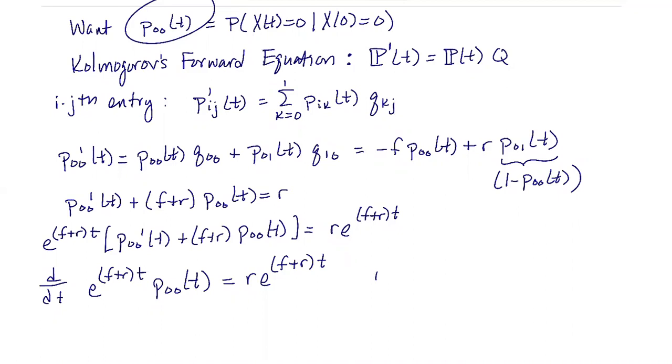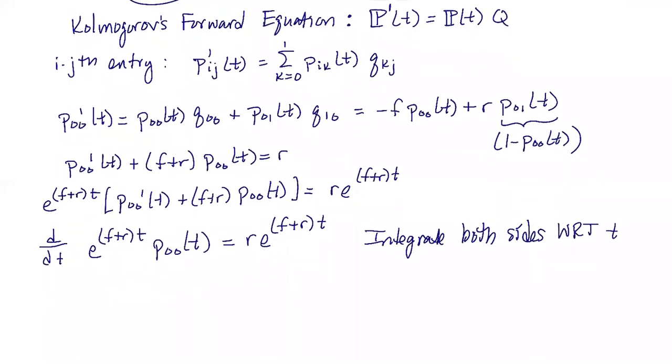Okay, so I'm going to integrate both sides with respect to t, and because I have a derivative on the left side, I'm just going to get this guy back. So I'm going to get e to the (f plus r)t times P00(t). And on the right side, I'm actually going to do the integral with respect to t. So that'll pull an (f plus r) out in the denominator.